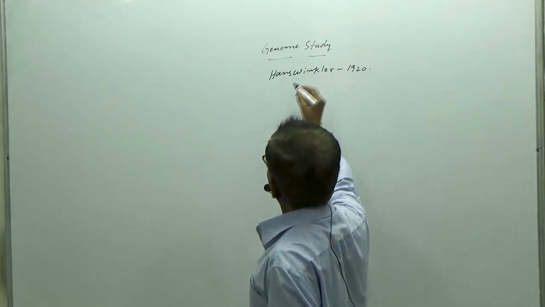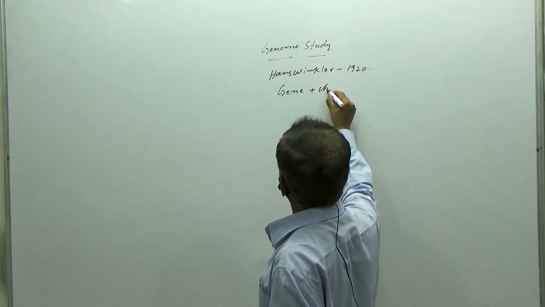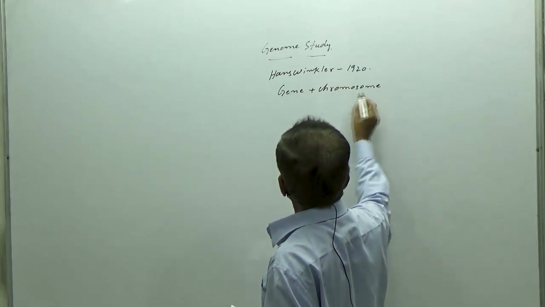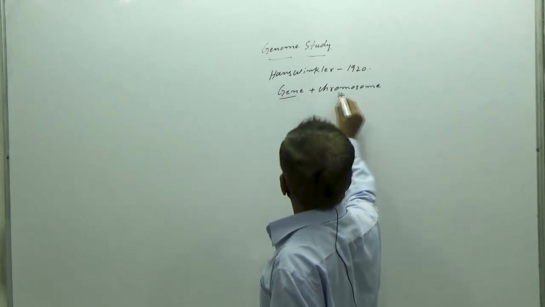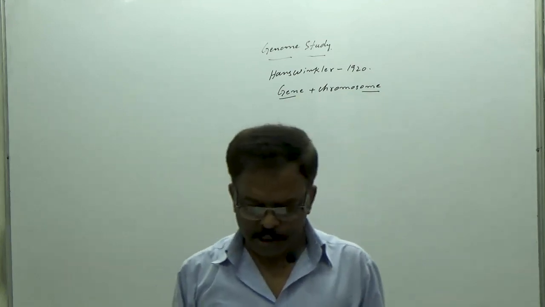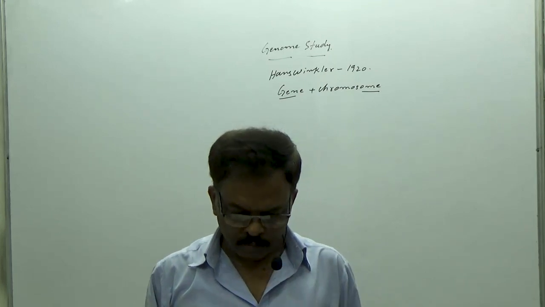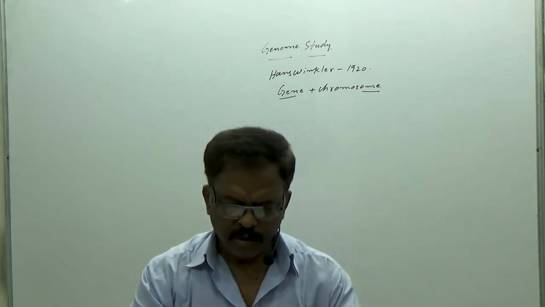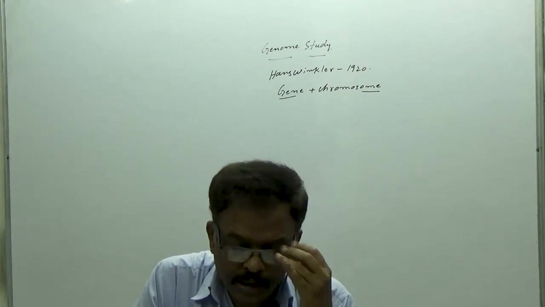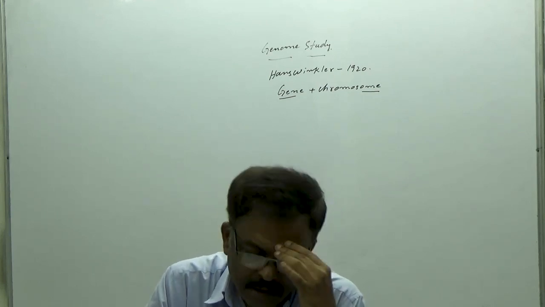This term is derived from gene plus chromosome: in gene, the first 3 letters, gen; in chromosome, the last 3 letters, om. Genome, gene plus chromosome, Hans Winkler, 1920.